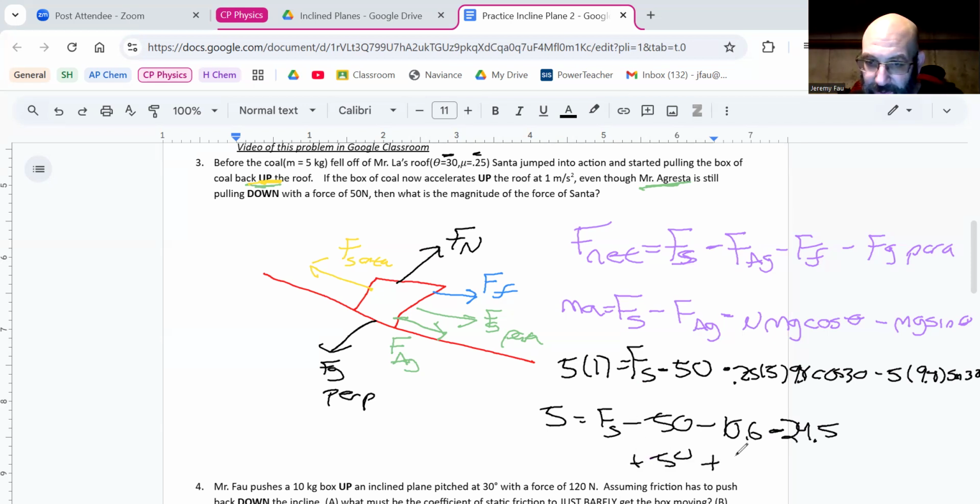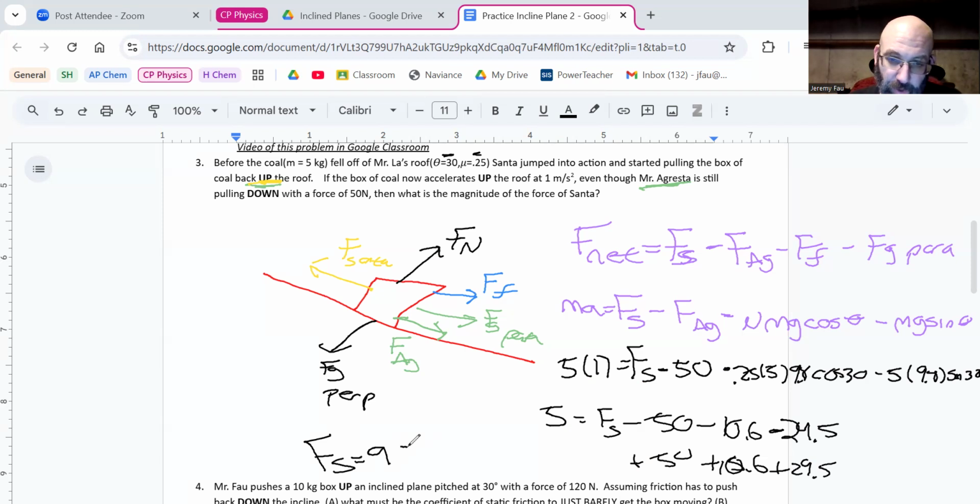They're all negative, so plus 10.6 and plus 24.5. If we add all of those numbers to the other side, there's already a 5 there. So we got 90.1. So Santa has to pull with a force of 90.1 newtons.